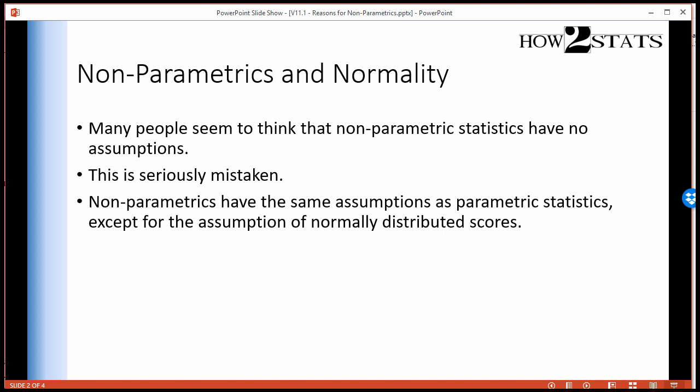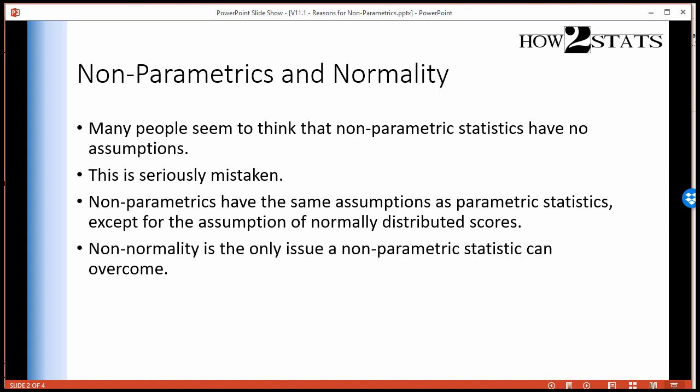Non-parametrics do not assume normality, because they convert the data into ranks. That's the only assumption that it can overcome. So it's not a statistical analysis that can fix all your problems. That's why I write here, non-normality is the only issue a non-parametric statistic can overcome. That's a general statement. There might be some slight exceptions here and there, but really that's the only problem that the non-parametric statistic can overcome.